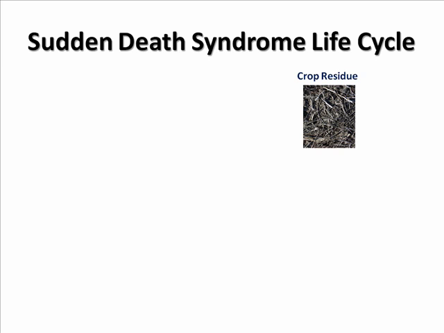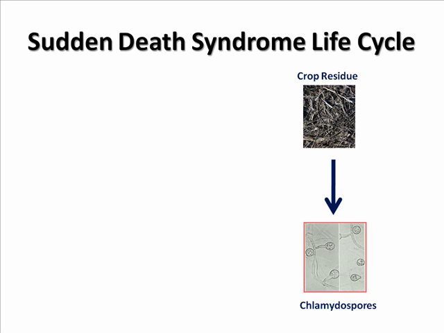In order to understand sudden death syndrome, you need to understand its disease life cycle. With a soil-borne pathogen, it resides in crop residue or on the soil surface. With SDS, it survives in survival structures called chlamydospores.